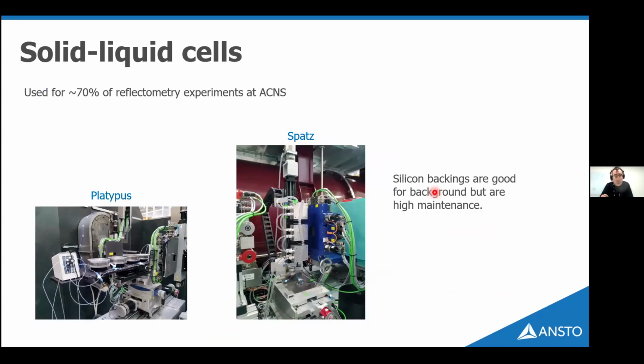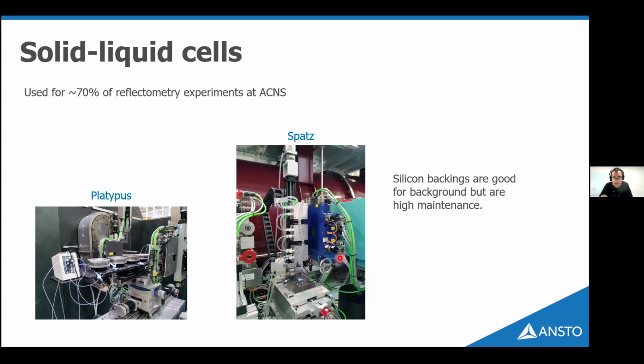So we use solid liquid cells a lot, ACNS, between our two instruments. They probably account for about 70% of all the experiments we do. So in the photographs here, we've got our setup on Platypus and our setup on Spatz. And we use silicon backing wafers because we quite like the nice low background on them.